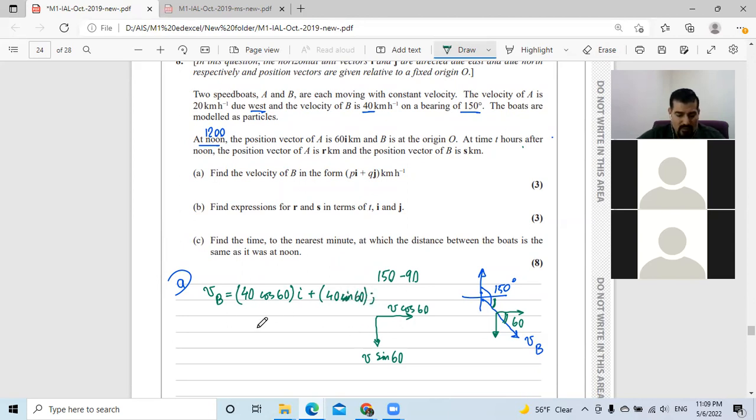Using a calculator, it will be 20i minus, because it's going downwards here, so I put the negative since it's downwards. Let me rearrange this.